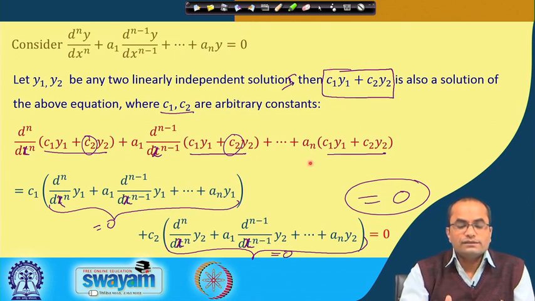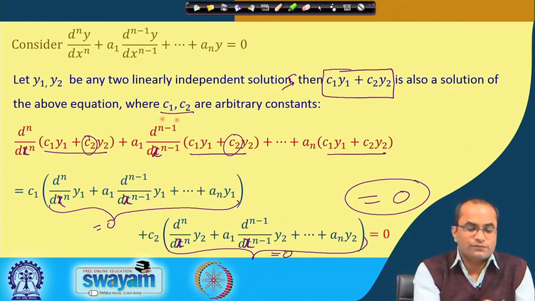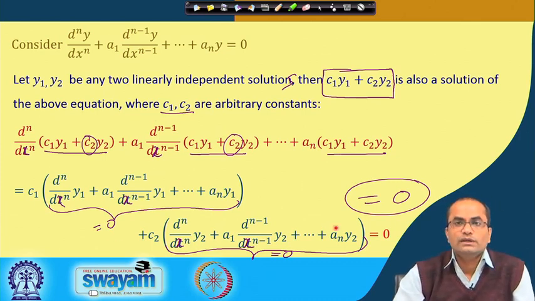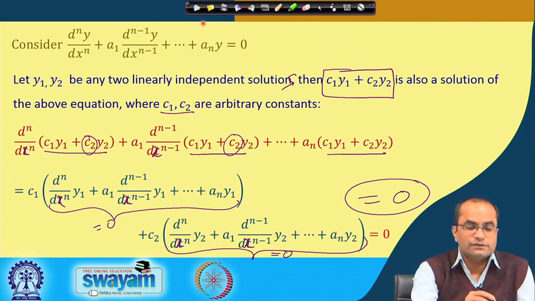Indeed, we can generalize this not only for two functions, we can take more functions, and with the same idea we can prove that when we have, for instance, y1, y2, y3, ..., yn linearly independent solutions, then their combination c1 y1 plus c2 y2 plus ... plus cn yn will also be a solution of the given differential equation.